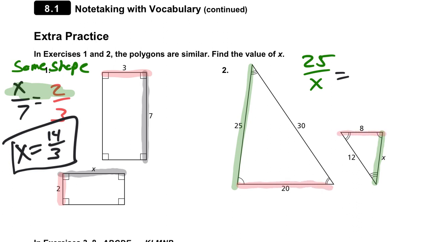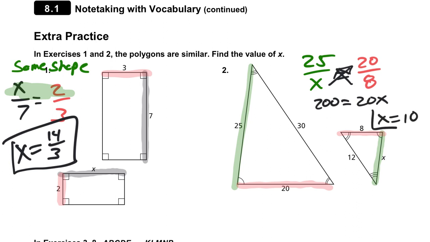Between 1 and 2 here is 8. So then I would write 20 over 8. Now, when your x is in the denominator, we are going to have to cross multiply and then divide. So 8 times 25 will give me, what is that, 200. X times 20 would be 20x. And when I divide, I'm going to get x equals 10.